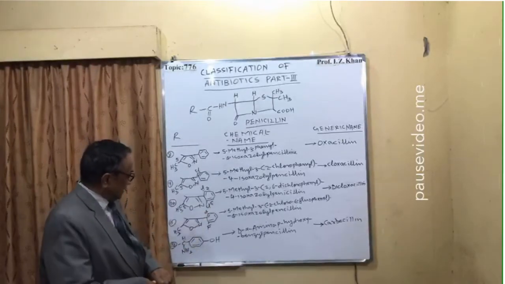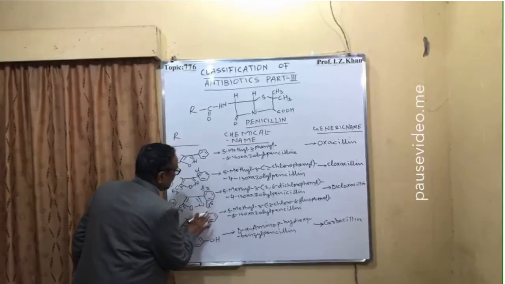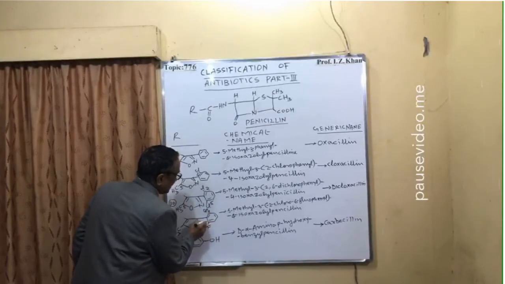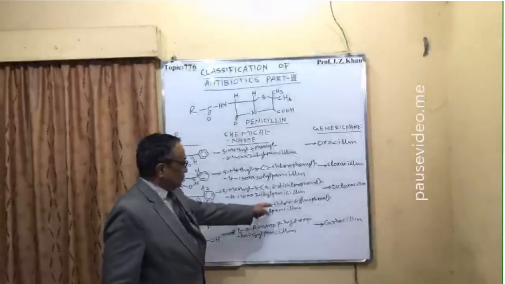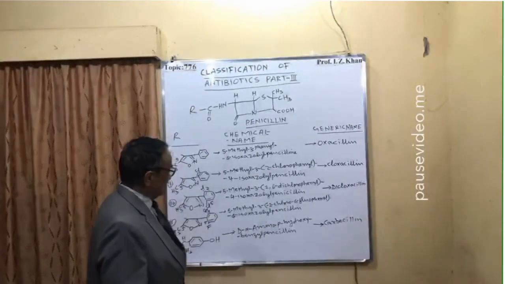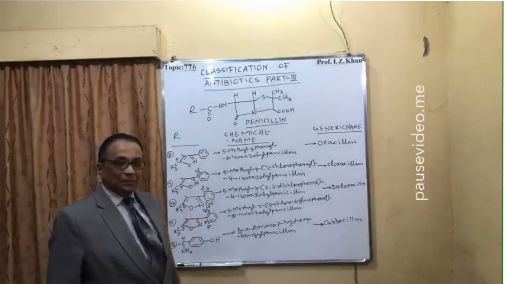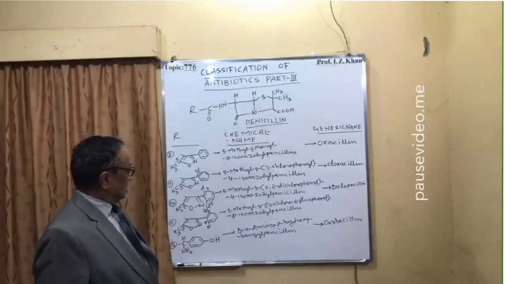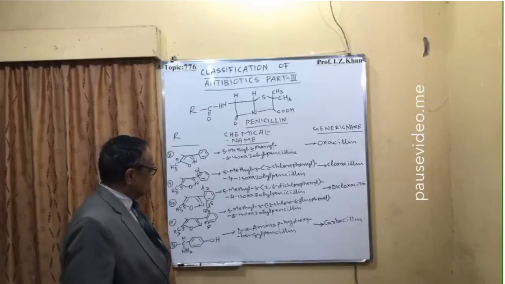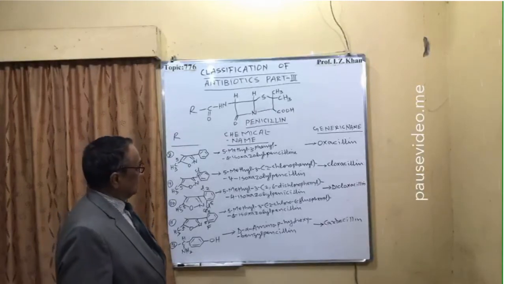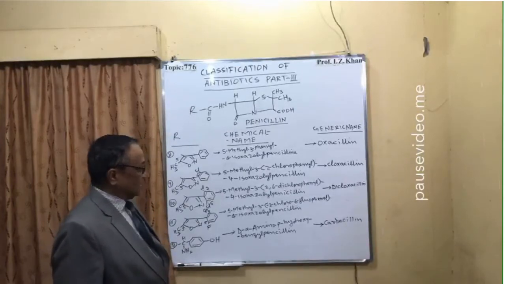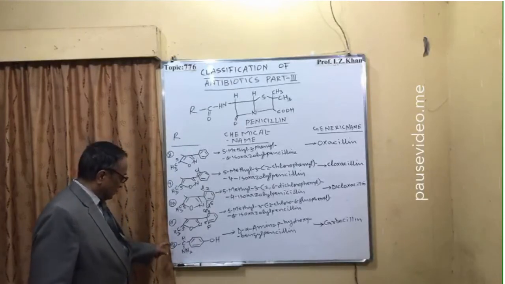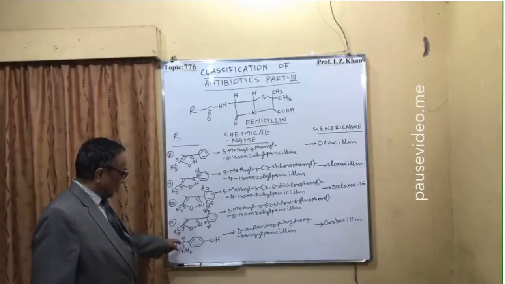So it will be 2-chloro, 6-fluoro. So it is 5-methyl, 3-(2-chloro, 6-fluorophenyl), 4-isoxazolyl penicillin, and its name is chlorofluorooxacillin.